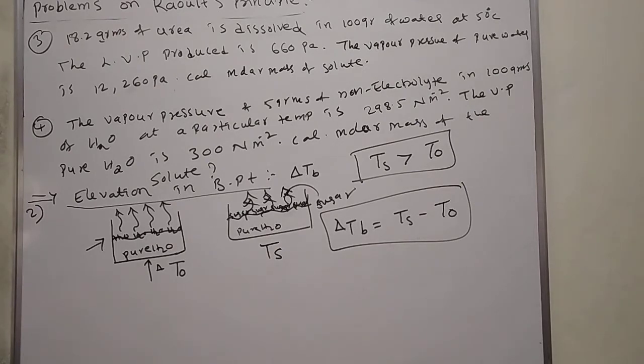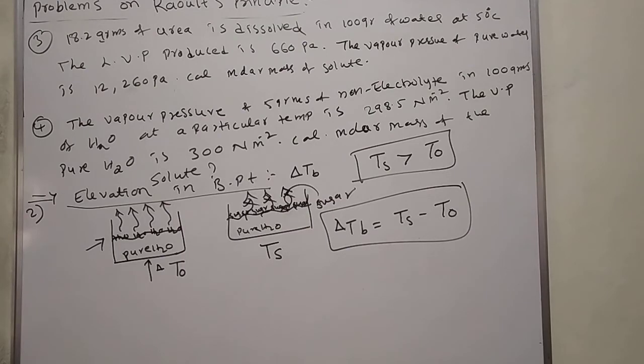Best example for elevation in boiling point: in summer season we observe there is no evaporation of seawater, but there is evaporation of pond water or well water. Why? Well and pond water don't contain many salts, but seawater contains more and more salts. That means for the evaporation of seawater it requires more than 100 degrees centigrade temperature.